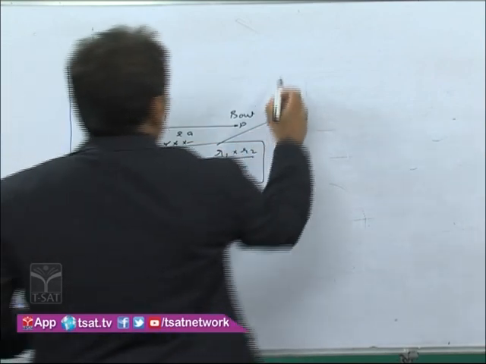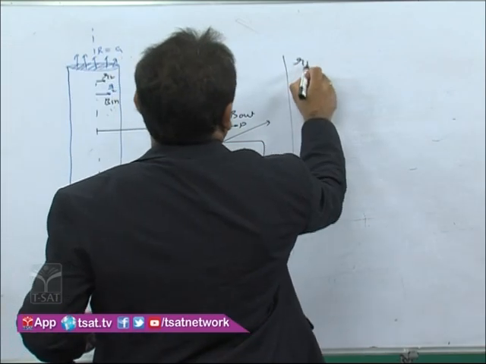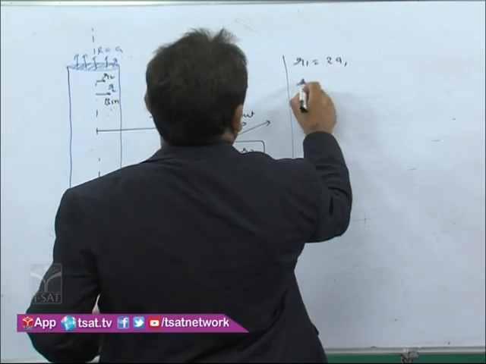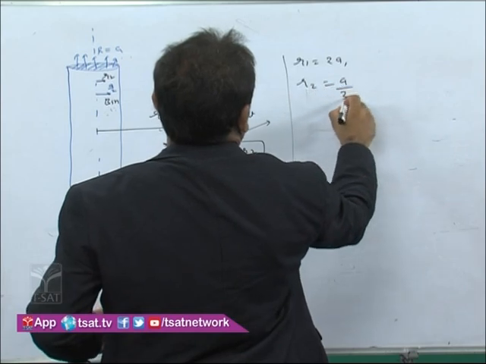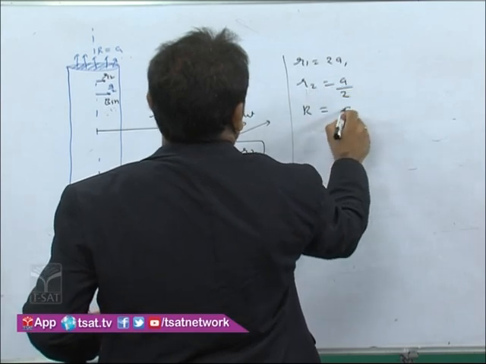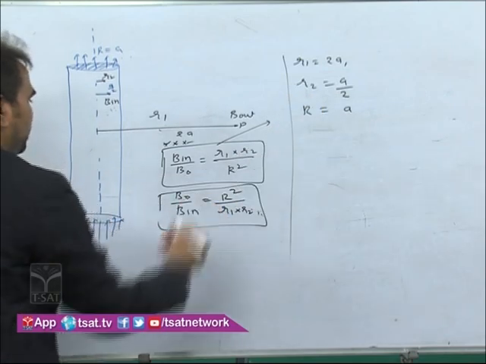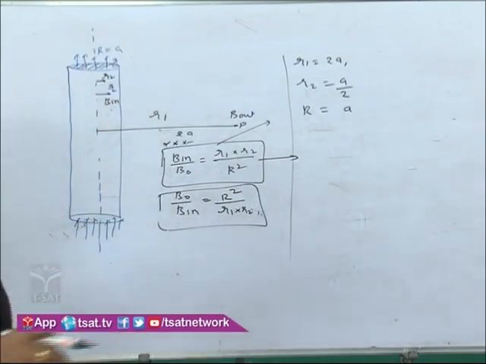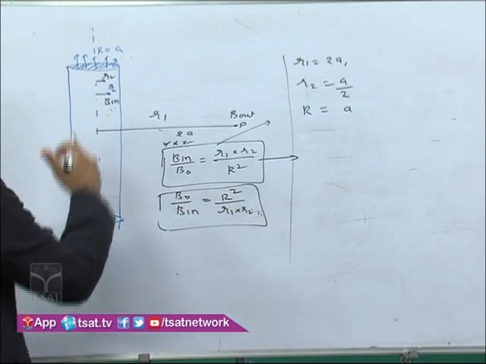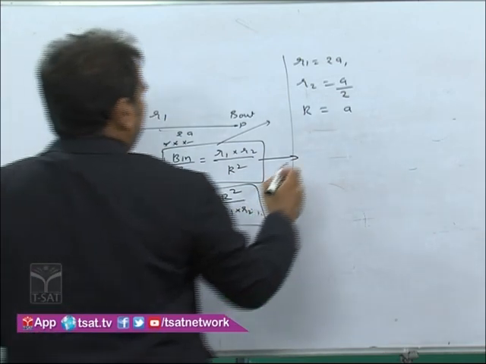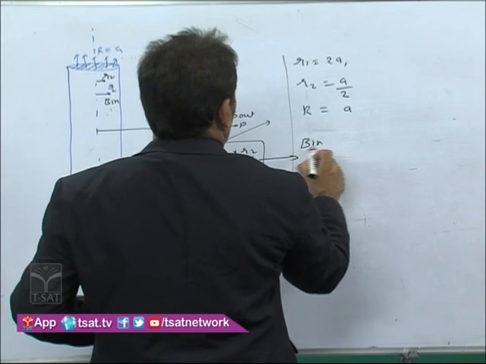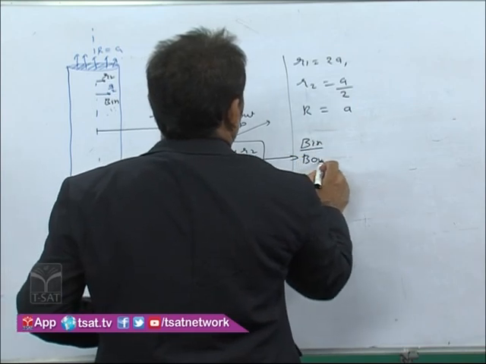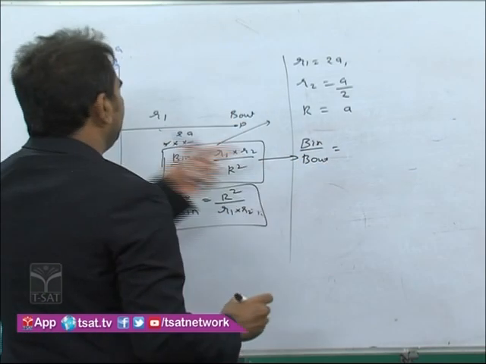R1 is equal to 2A was given, R2 is equal to A by 2, and capital R is equal to A was given. Substituting all these values in this equation, we will get the ratio of the magnetic field inductions B in and B out. Therefore, B in upon B out is equal to R1 into R2.